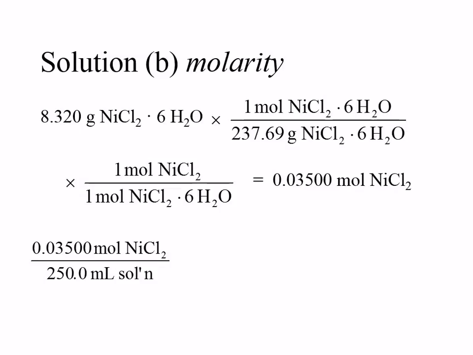This isn't molarity because this is moles per milliliter instead of moles per liter, so we need to multiply by 1,000. If we introduce a term of 1,000 milliliters over 1 liter, then our milliliters will cancel, and we're left with moles of NiCl2 per liter of solution, which is perfect.